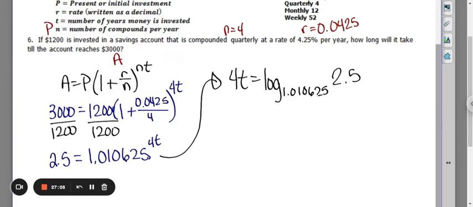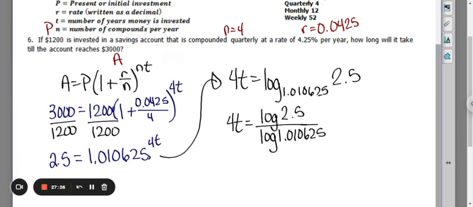So we're going to figure this the same way, except before we're done, we will divide it by 4. So as a common logarithm, I'm going to do that math, then divide that answer by 4.